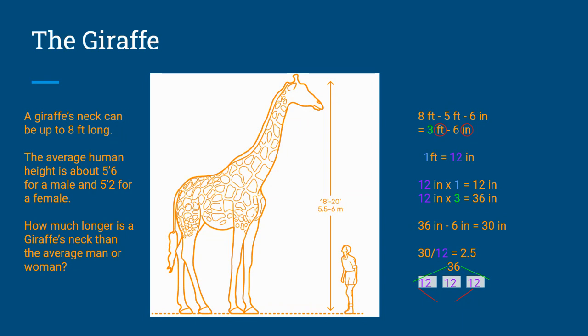So let's say we have 12 here. So we need 3 12s for that. But for us to get 30, we'd only need 12, 24. And if we only had 6, which is half of this last unit here, this would be 6. This would be 12 plus 6, which would give us 12 plus 12 is 24 plus 6 is 30.